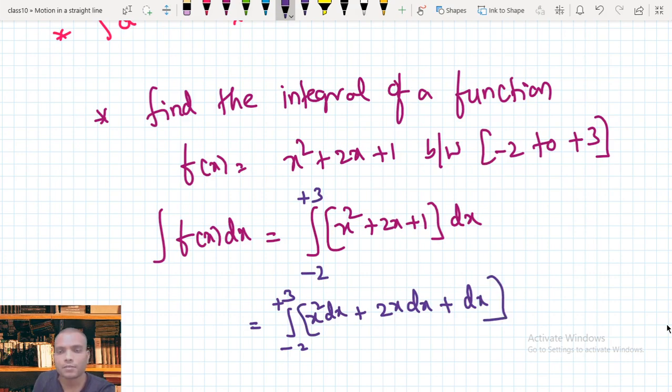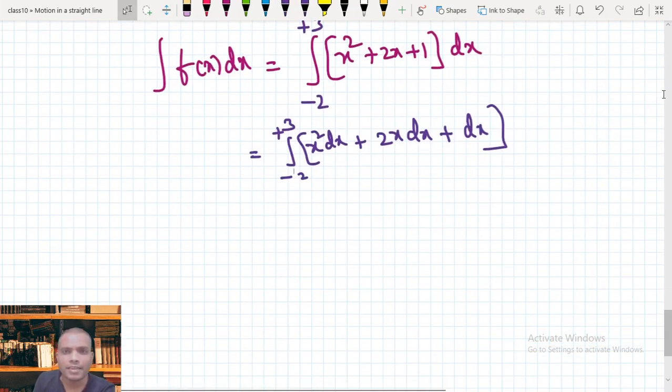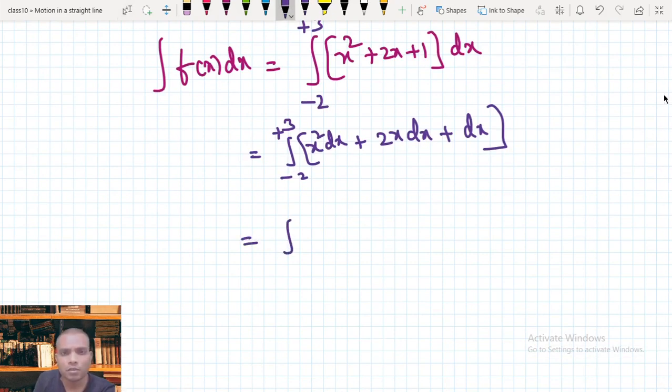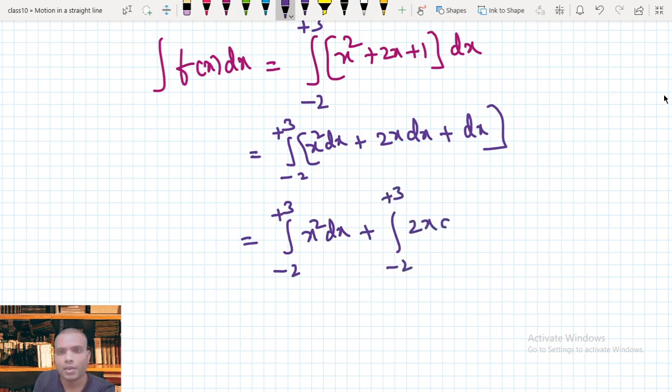First we have to multiply with the dx. Now we can distribute the integration: integral from minus 2 to plus 3 of x square dx, plus integral from minus 2 to plus 3 of 2x dx, plus integral from minus 2 to plus 3 of dx.